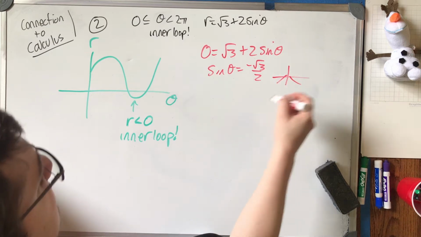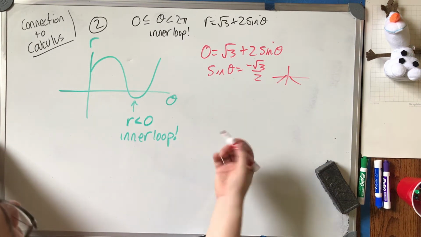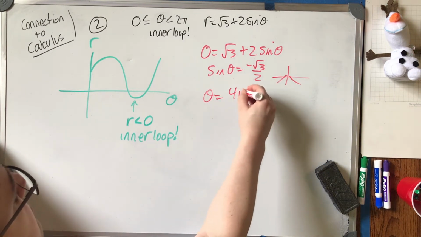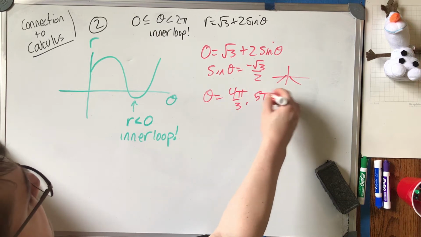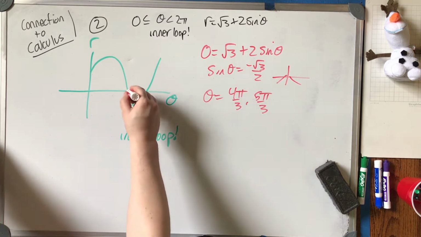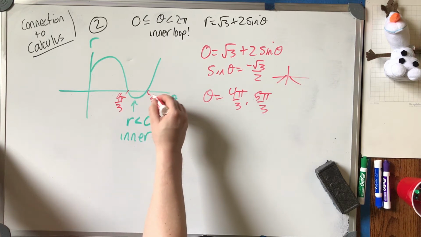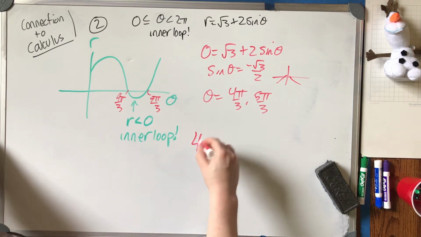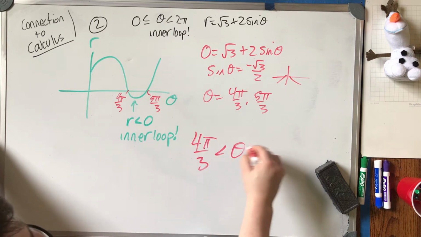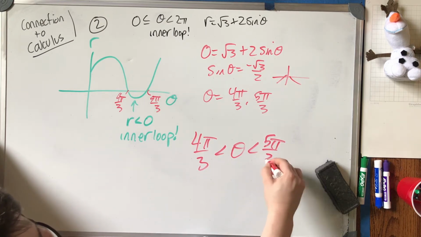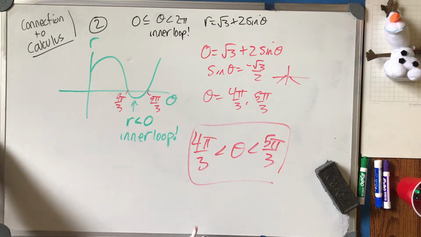So that's in quadrants 3 and 4, and it's going to have a reference angle of 60. So theta is going to be 4 pi over 3 and 5 pi over 3. So I know that right here is 4 pi over 3, and right here is 5 pi over 3. So when theta is in between these values, then we know that it's forming the inner loop of this shape.